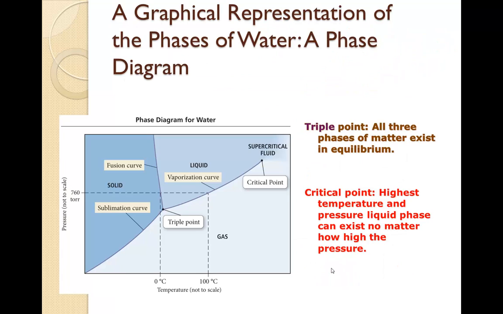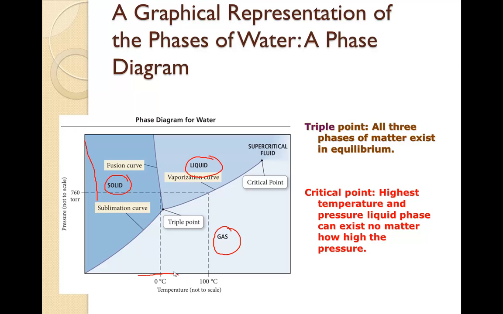Finally, we're going to discuss the phase diagram. Every compound has a phase diagram, and the phase diagrams show us the solid, liquid, and gas phases of that compound. And it shows us which pressure and which temperature is needed to accomplish those physical states.